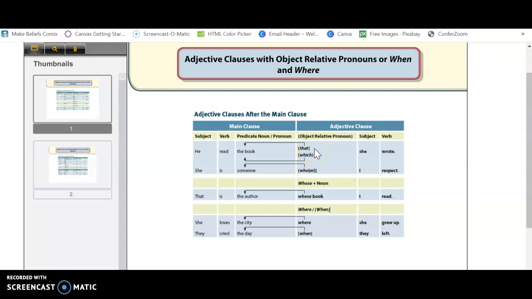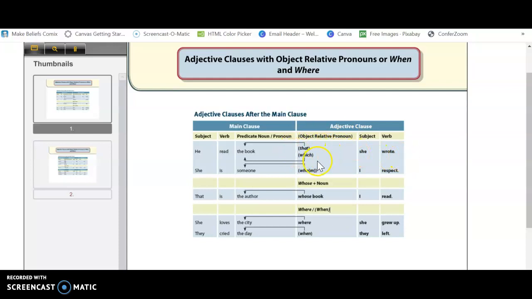We use relative pronouns to create an adjective clause. And because the book is a thing, it's either that or which that we can use, and then we follow the sentence the way that it was. We don't repeat that object here because this object now is here. See, that's why we call it object relative pronoun, because it is the object of this adjective clause.